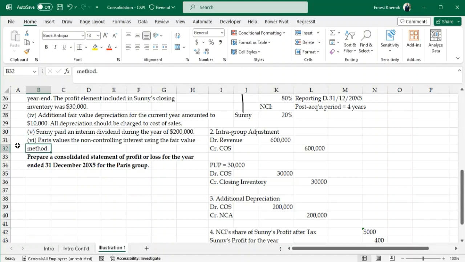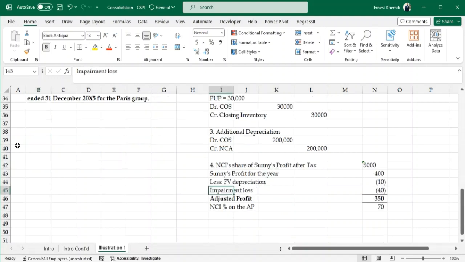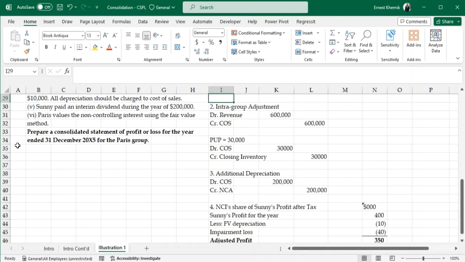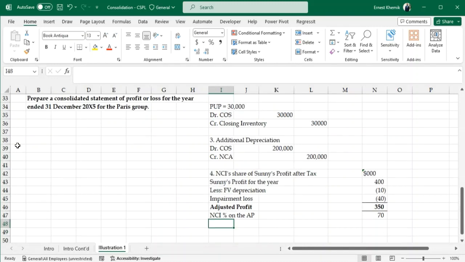That's exactly why we are putting impairment loss. But where NCI is measured at the proportionate share, this impairment loss will not come here. Rather, all the impairment loss will be used in the consolidated statement of profit or loss. All right, so that is it. We've done almost all the work.